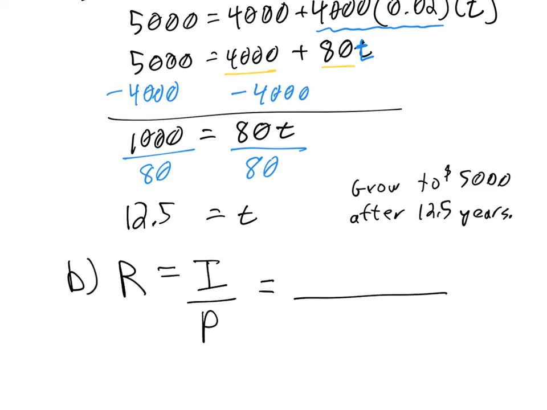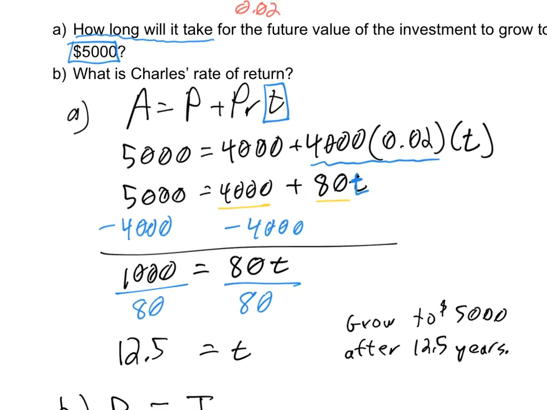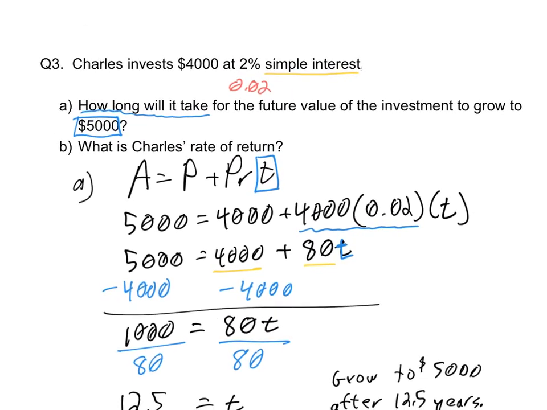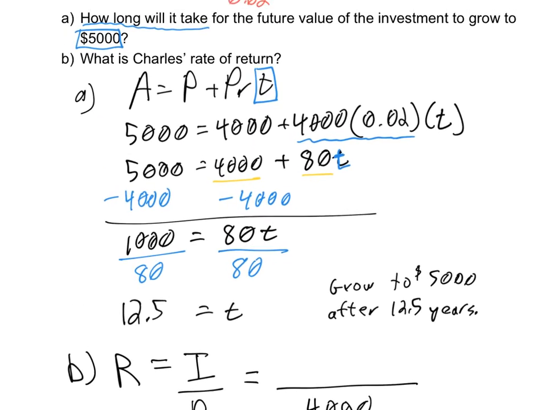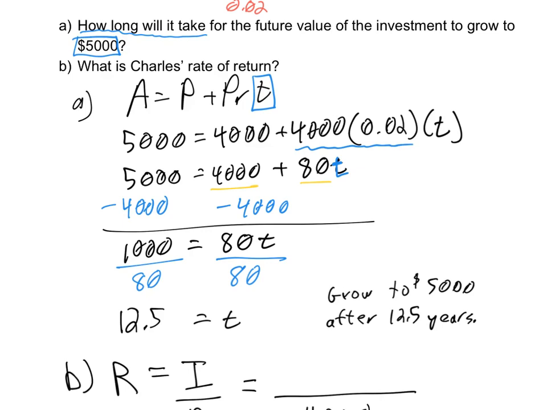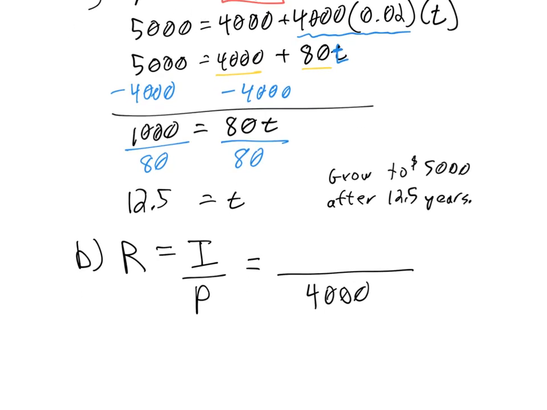Now, the initial investment is easy enough, so we can just look up to the problem. It says Charles invests $4,000. So $4,000 is our initial investment. Now we want to figure out what I is. Now we could figure out what PRT is, because that is our amount of interest which was earned, I. But it's not necessary.